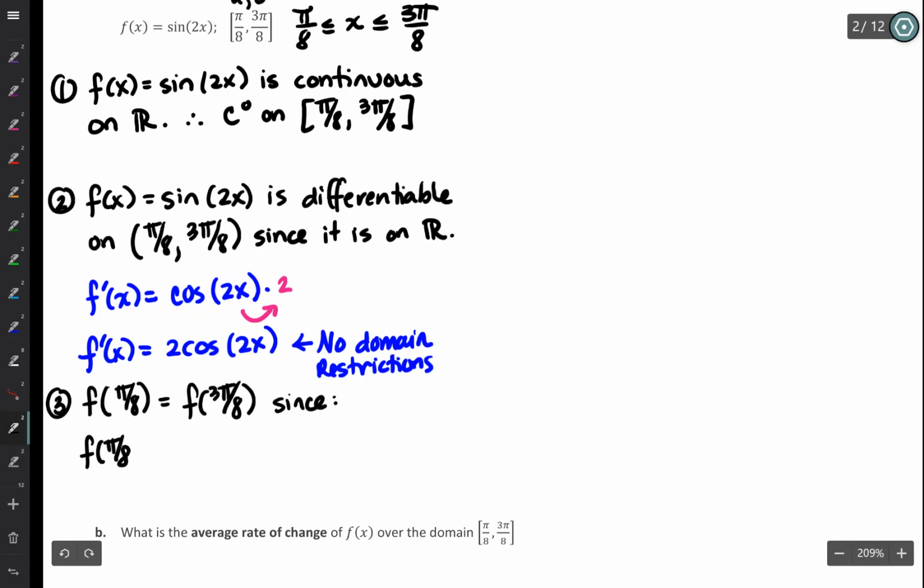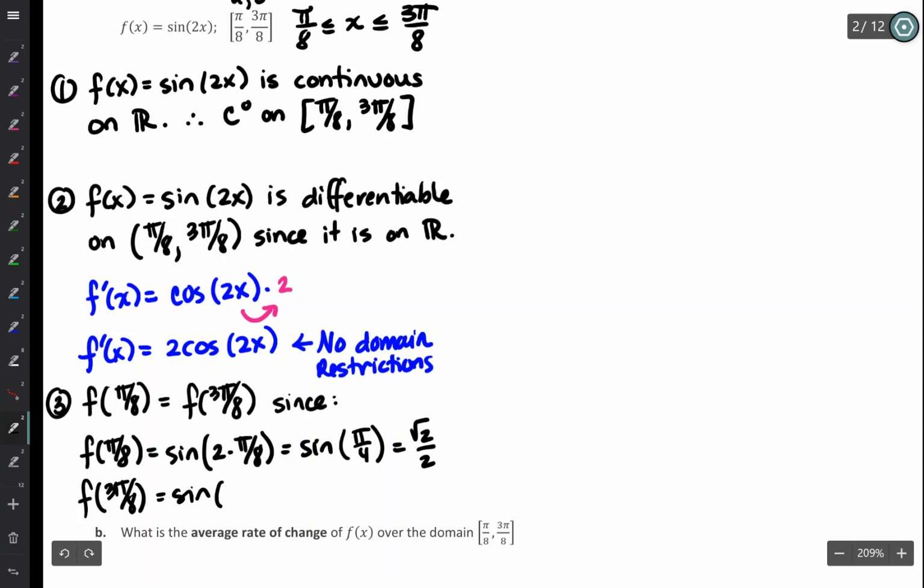F of pi over 8 is the sine of 2 times pi over 8, which is the sine of pi over 4, which is square root of 2 over 2. And f of 3 pi over 8 is the sine of 2 times 3 pi over 8, which is the sine of 3 pi over 4.